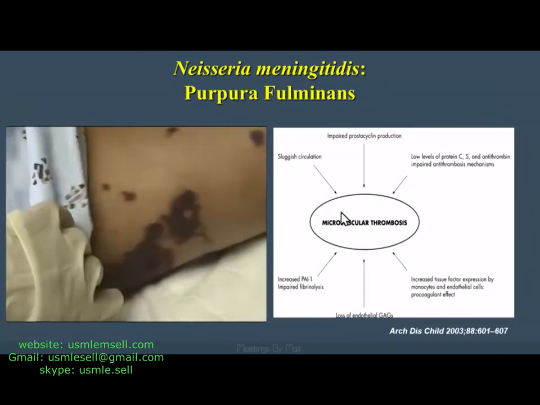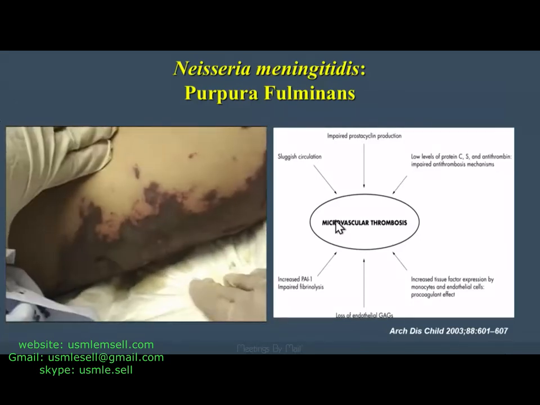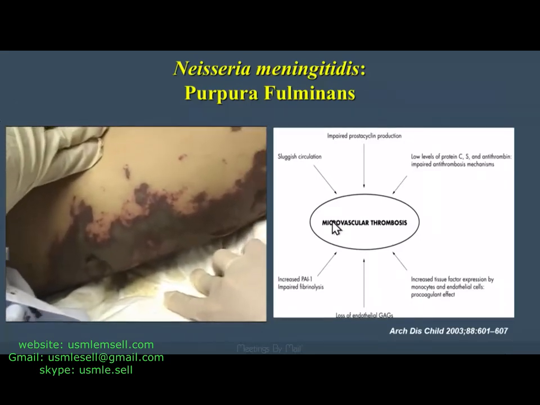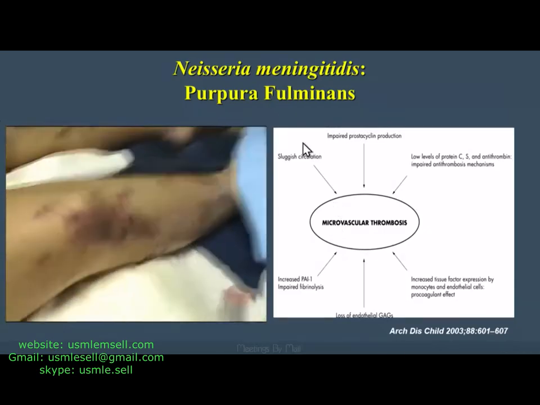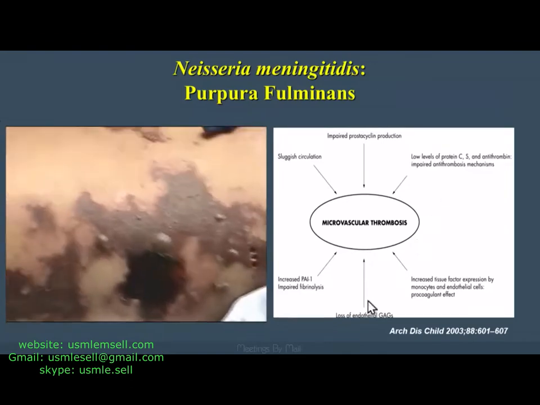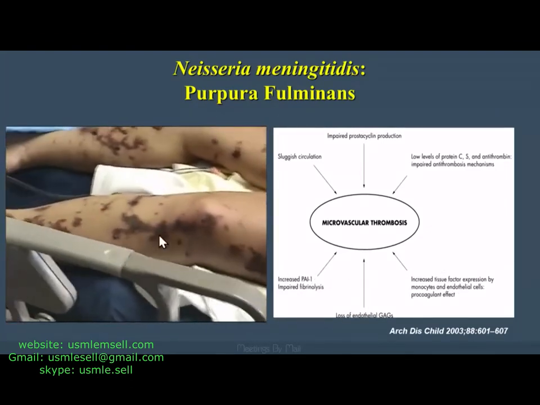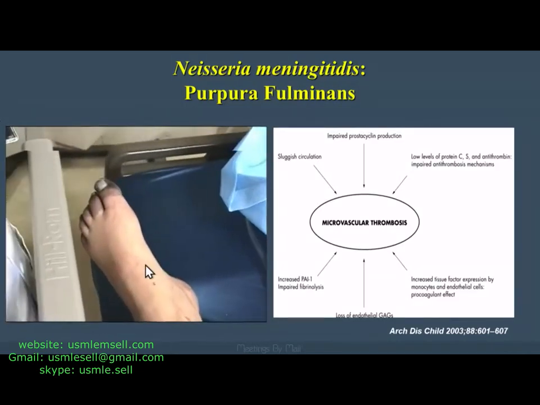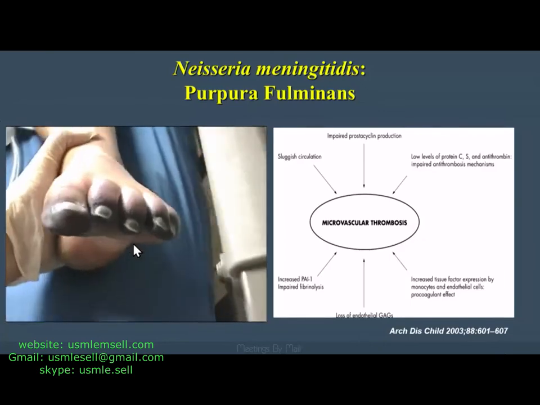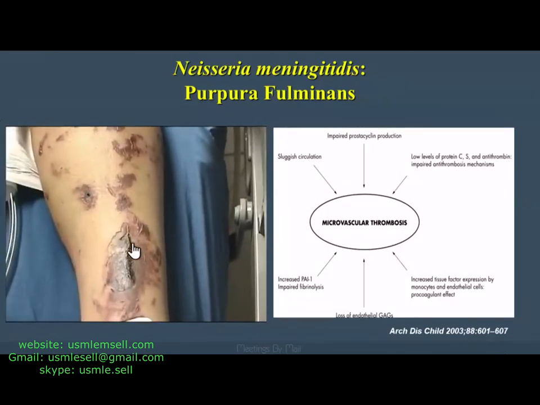It isn't entirely unique to Neisseria meningitis, but this is usually what your patients will die from if they have meningococcal meningitis, or limb loss. It's a combination of sluggish circulation and a variety of other cytokines that lead to really extensive thromboses. And in Europe, often your outcomes will be measured not just by death, but your secondary outcome is limb loss.